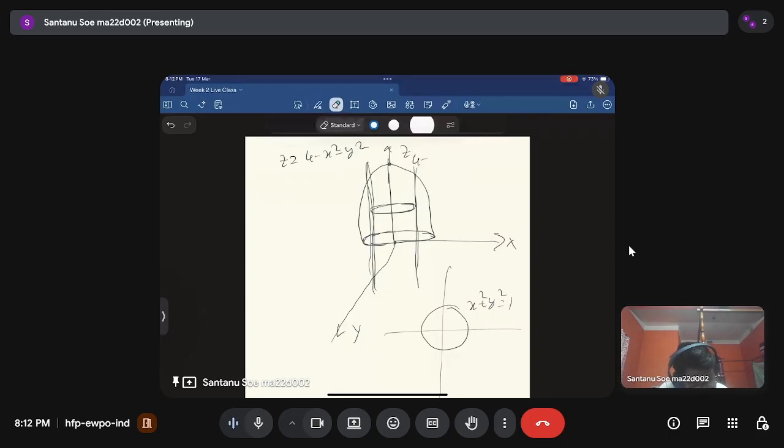Using the change of variables, it will be 5 r dz dr d theta, and if you do the simple integration, you will get the answer 335 pi by 2. I hope this is clear how this is done, because this region is bounded from here to here. This region is closed and bounded because above it there is a paraboloid.